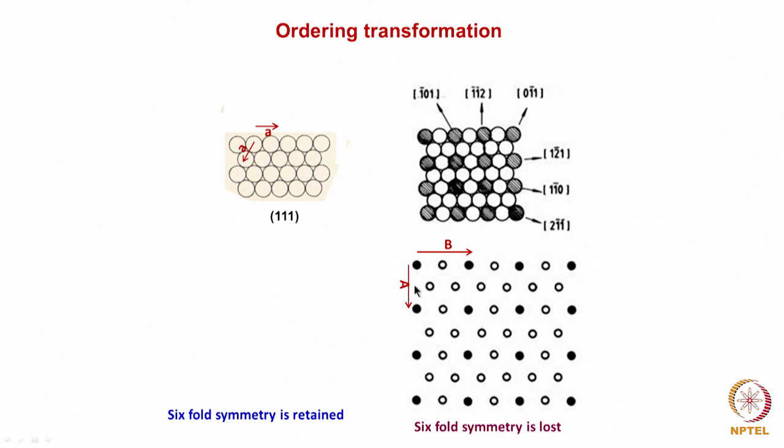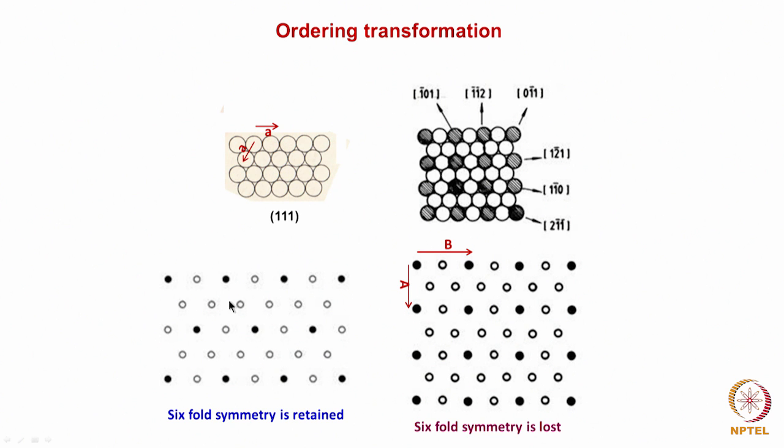Here these are all the coordinates, A and B. There's another type of transformation which can occur, where the six-fold symmetry is retained. Here if you look at it, every alternate atom in a particular row is of a different type.